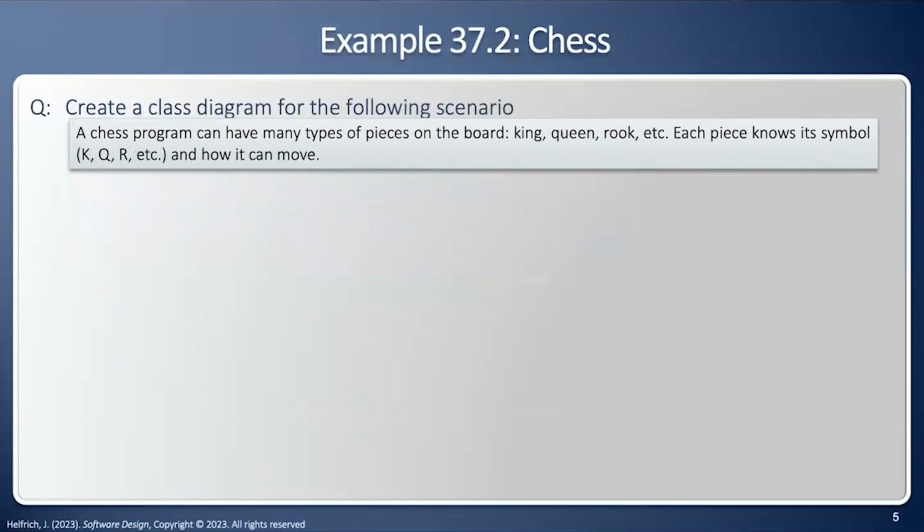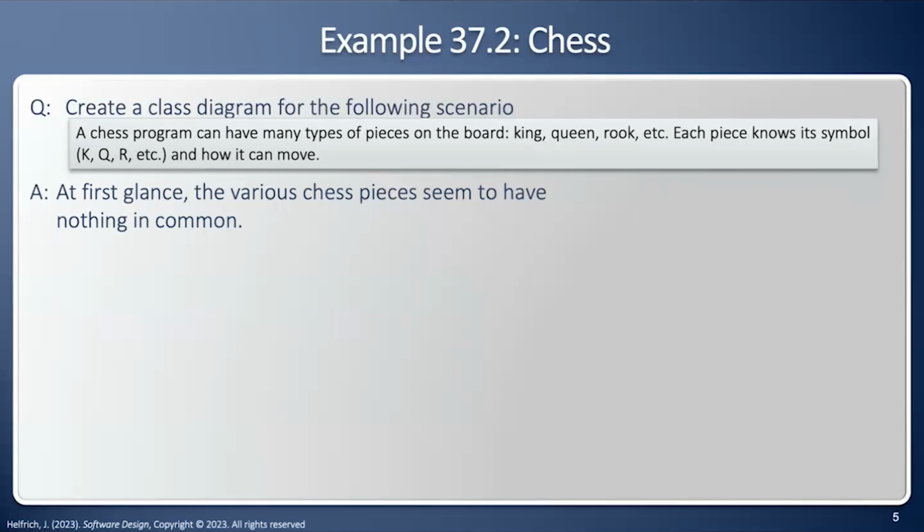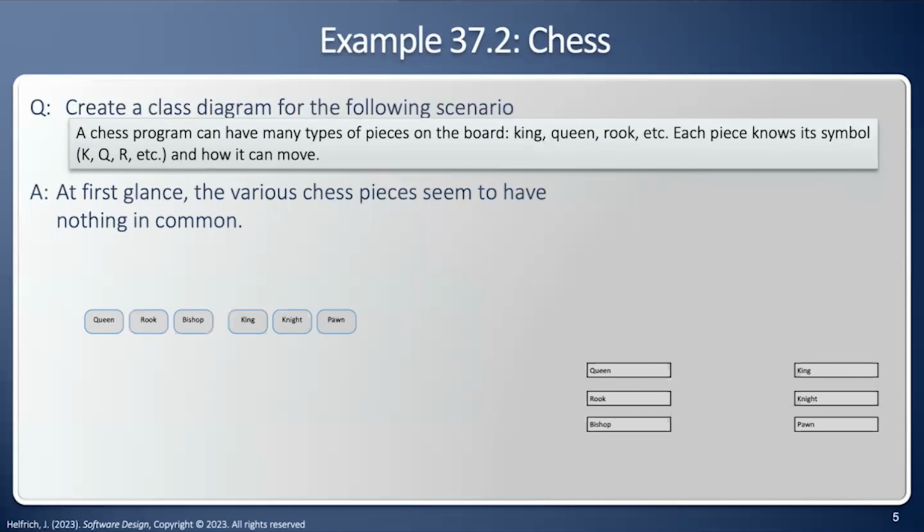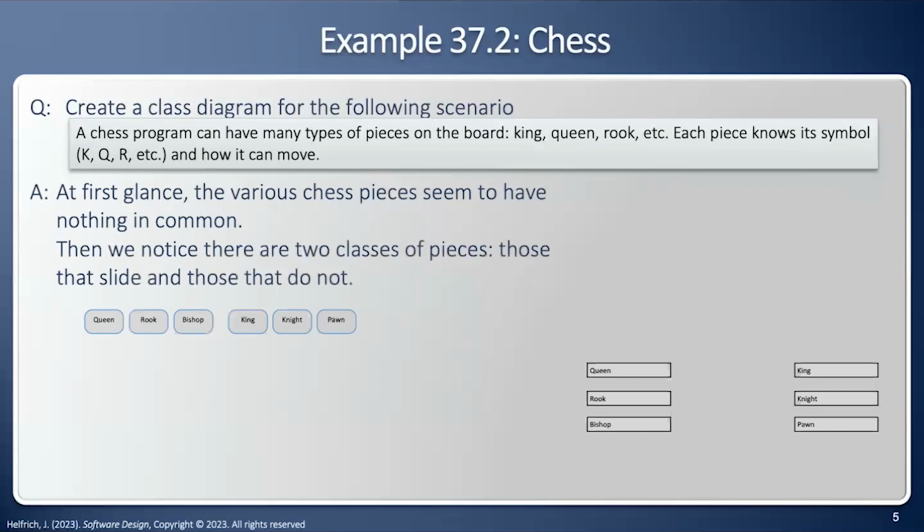Another example: a chess program may have many types of pieces on the board: a king, a queen, a rook, etc. And each piece knows its symbol as well as how it can move. Now, at first glance, the various pieces seem to have nothing in common. I have a queen, a rook, a bishop, a king, a knight, and a pawn, making for 6 individual classes. However, we have two categories of pieces: those that slide and those that do not.